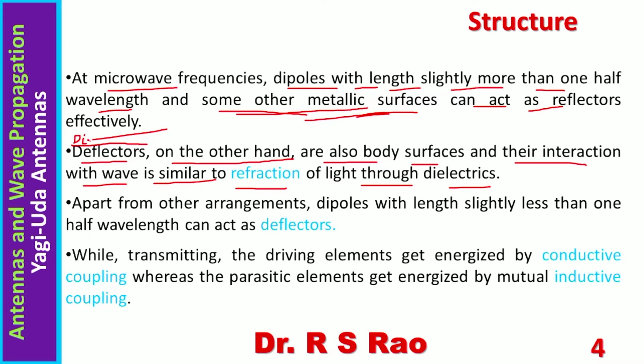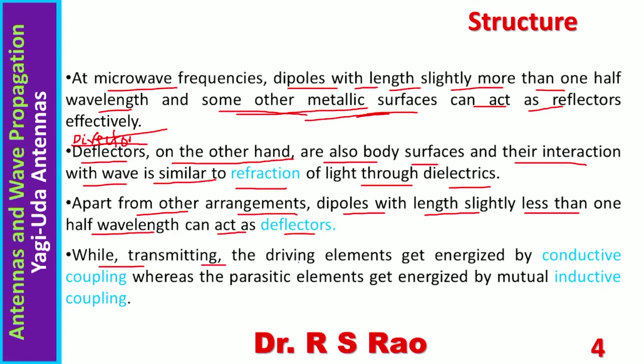Another name for director in a Yagi array is deflector. Apart from other arrangements, dipoles with length slightly less than one half wavelength can act as deflectors or directors. As already mentioned, deflector and director, these two are synonyms.